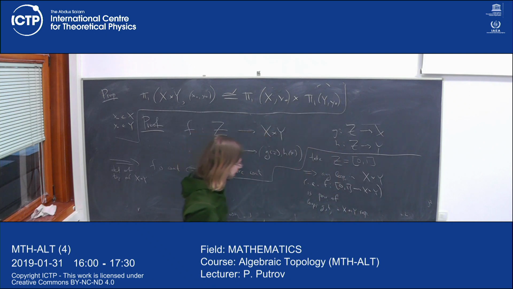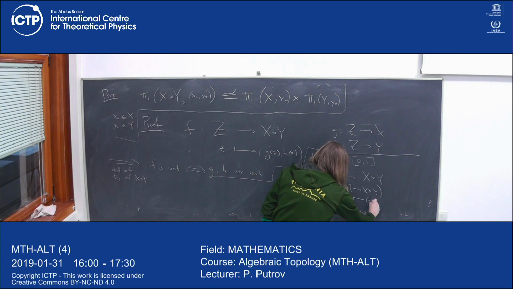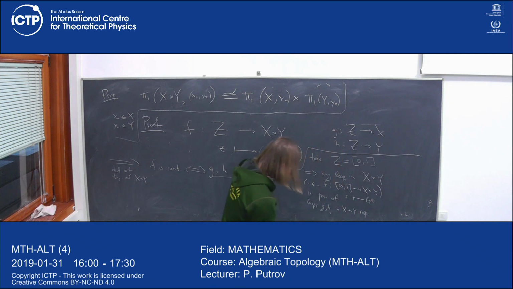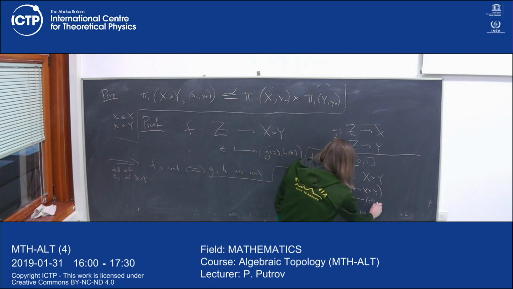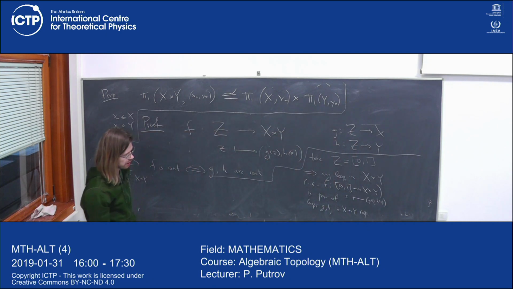So here again I define the loops g and h in X and Y as components of my function f. And from this general statement, if f is a continuous function, then g and h are continuous functions.